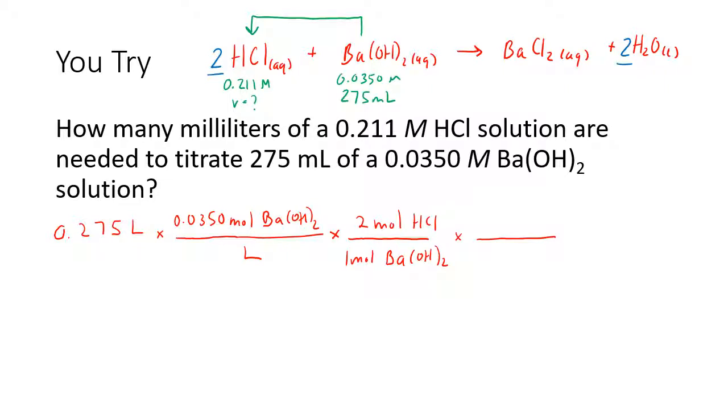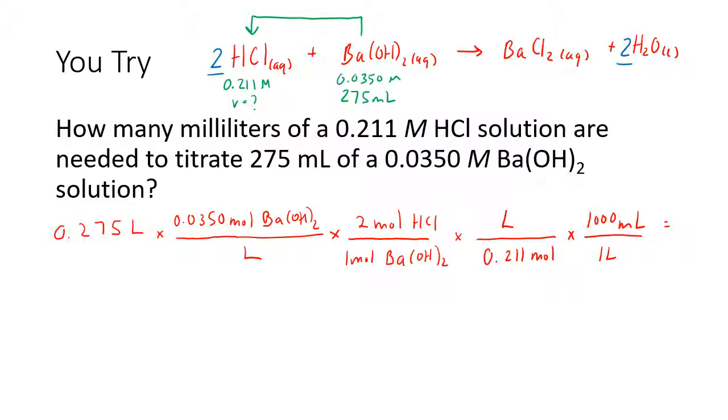And then lastly, using our concentration of HCl to get at volume. Our concentration is 0.211 moles per liter, so our moles of HCl will go in the denominator. Our volume will go in the numerator. And in our last step, we will convert our liters to milliliters.